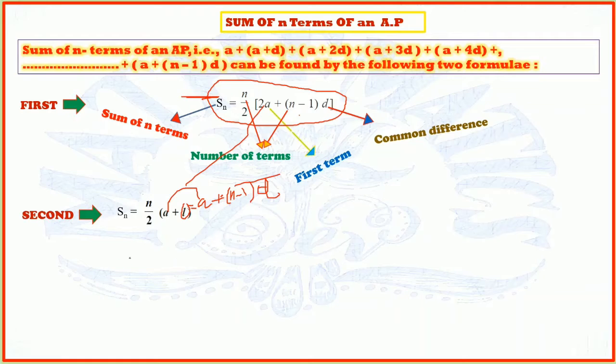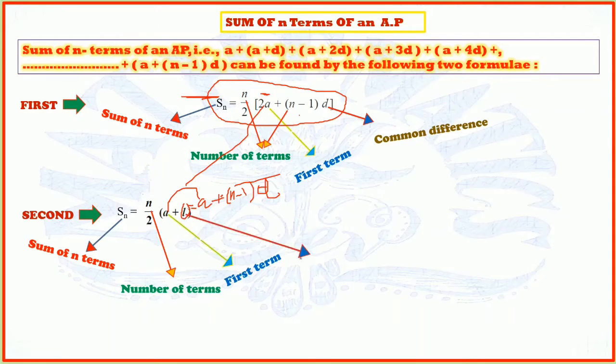We have just written the last term, breaking 2a into two parts, a plus a, and then a plus n minus 1 into d, that is the nth term, we have written as L. This formula is n by 2 into a plus L, where Sn is again the sum of n terms, n is the number of terms, a is the first term, and L is the last term or nth term, denoted by an, which is equal to a plus n minus 1 into d.